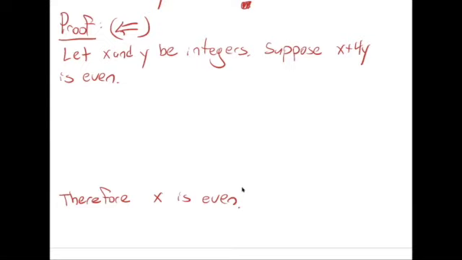Any thoughts, suggestions about what we could do here? So I started by saying, suppose x plus 4y is even. And then I set x plus 4y equal to. What do you think a good next sentence would be for this proof?